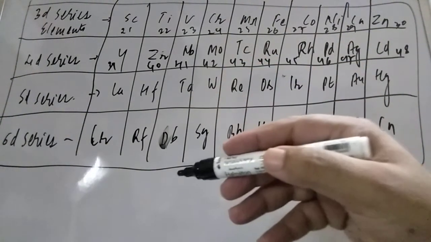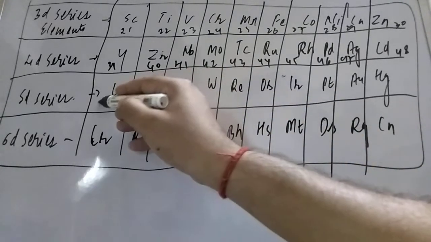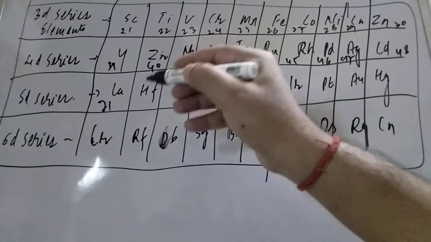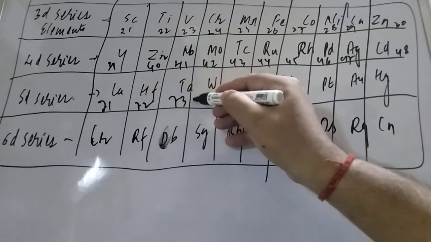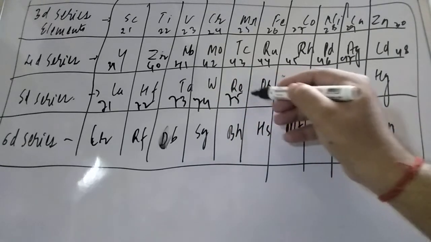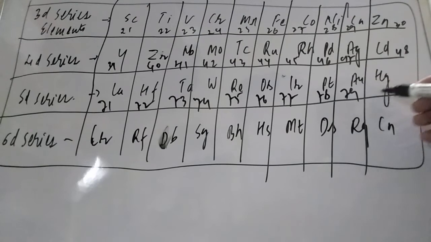For the 5D series, they start from 71: 71, 72, 73, 74, 75, 76, 77, 78, 79, and mercury is 80.